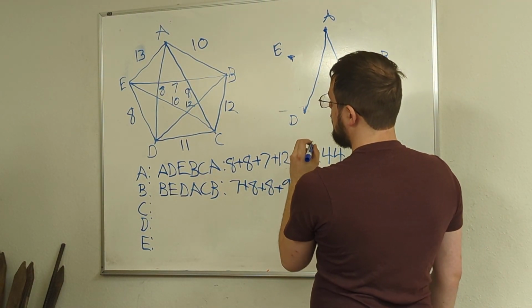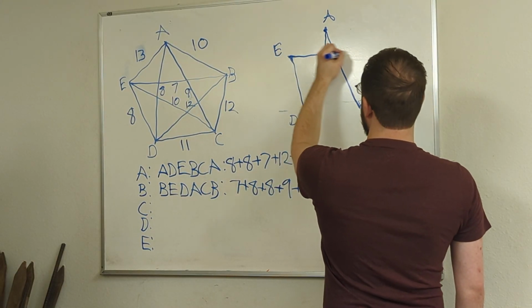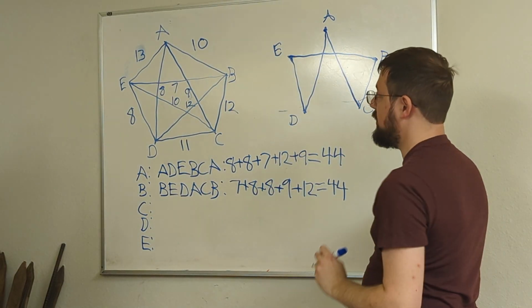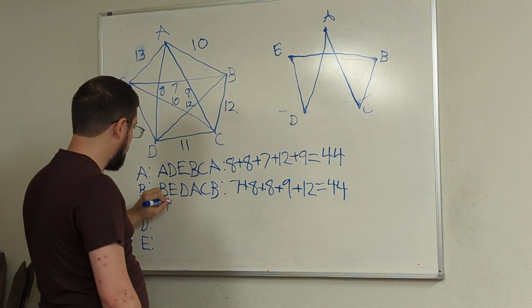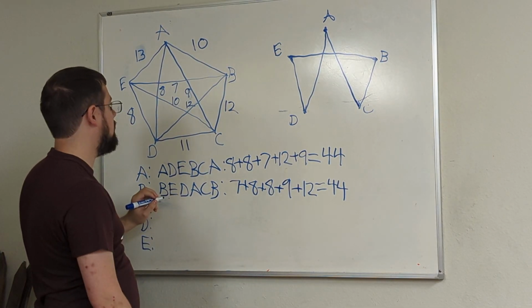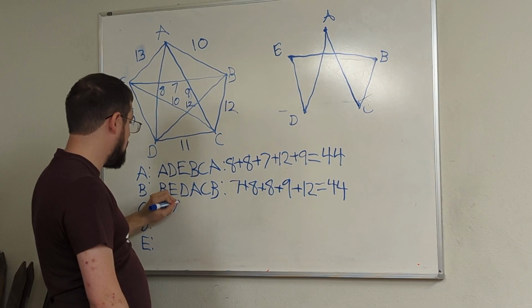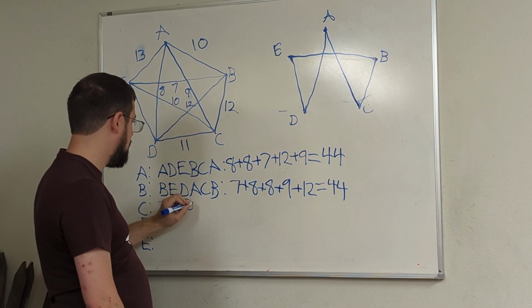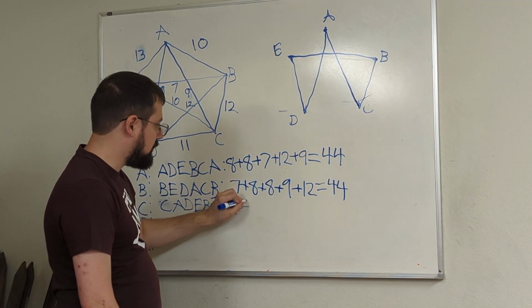From D, E, to B, and then C. So we've used the same thing again. So C is also going to be 44. This would be C, A, D, E, B, C, with a total weight of 44.